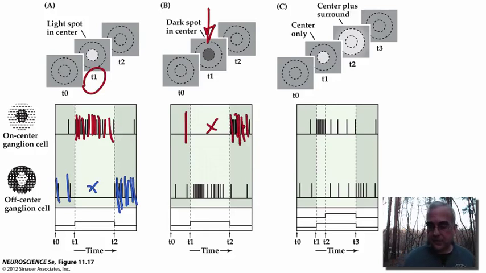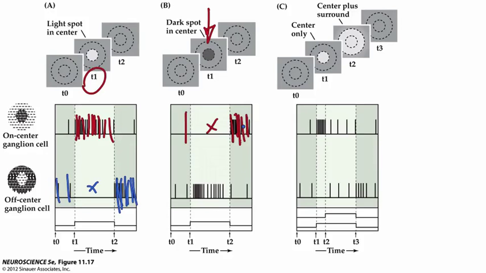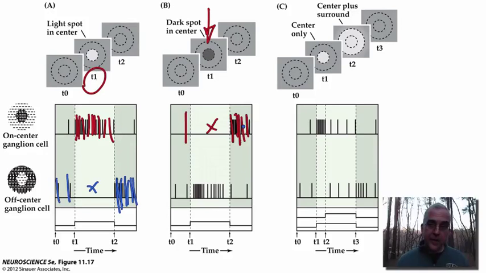So that's the on-center. Now let's look at the off-center cell. Off ganglion cell, then there is an increase in discharge. And when you return to that higher level of illumination, then this cell becomes less active.